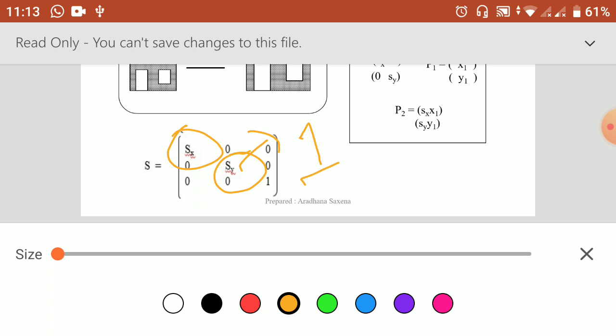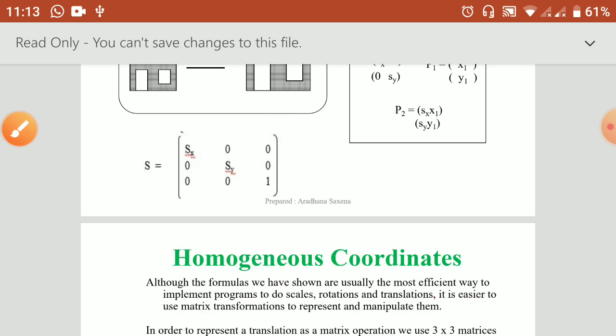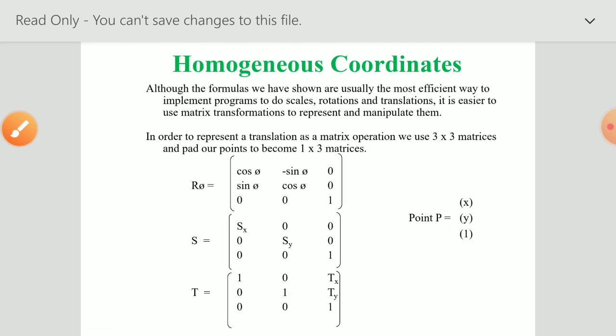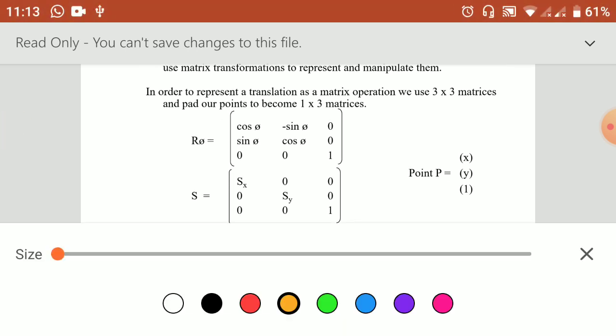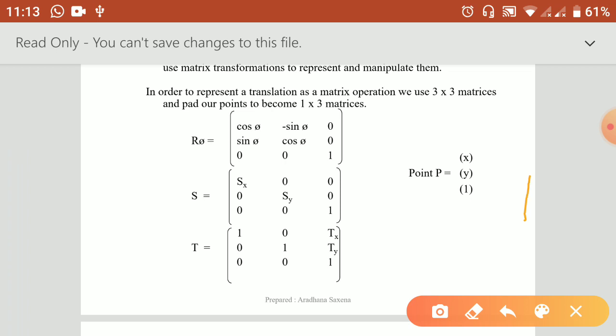If it is scaled only in the y direction, not in the x direction, then we will put the del x value as 1, and the remaining will be del y and del x according to the numerical. These are the matrices we have seen in the previous slide.